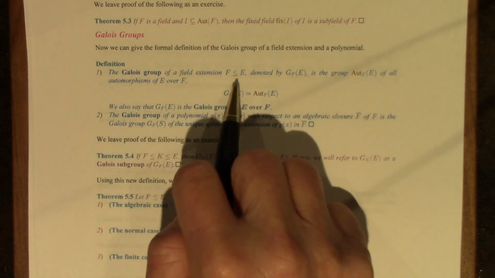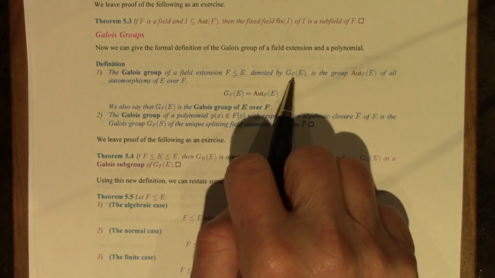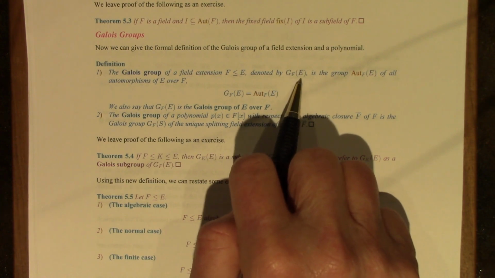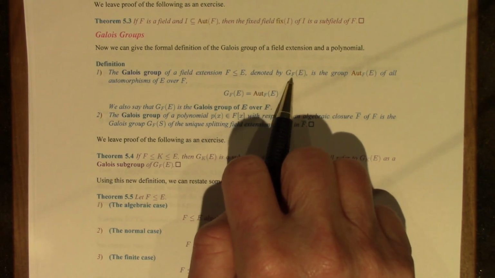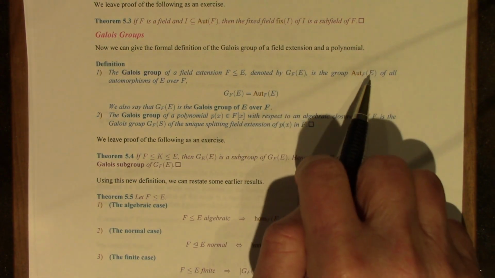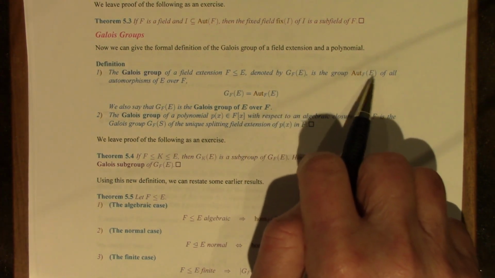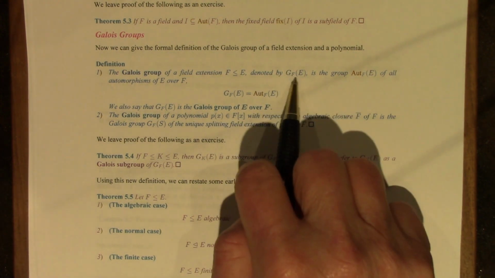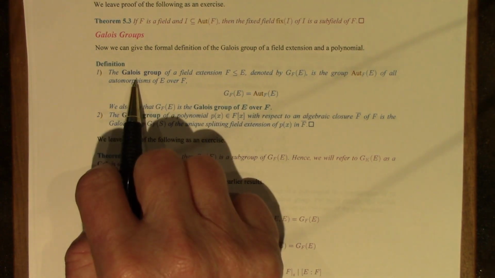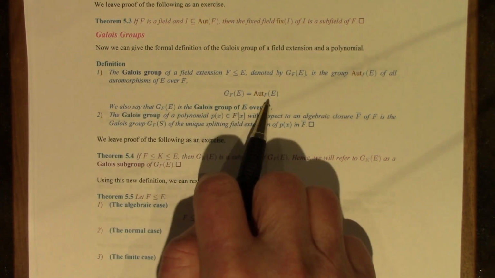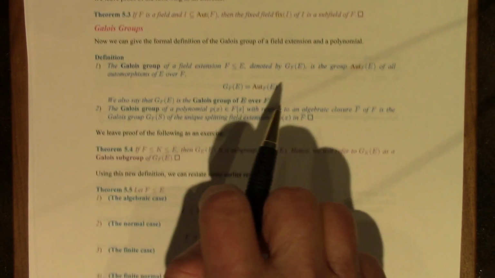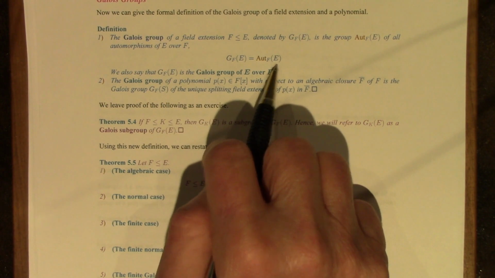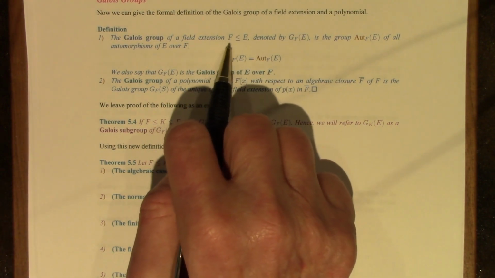The Galois group of a field extension FE, denoted by G(F,E), and there are other notations, some authors will write Gal sub F of E, is simply this group of automorphisms of E over F. So we're just changing the notation and the name, and we have this by definition. And we'll also say that G(F,E) is the Galois group of E over F, as well as the Galois group of the extension FE.